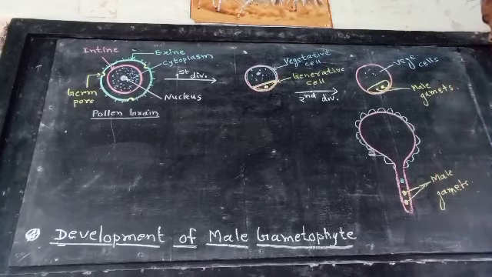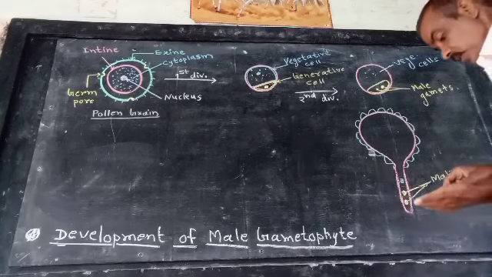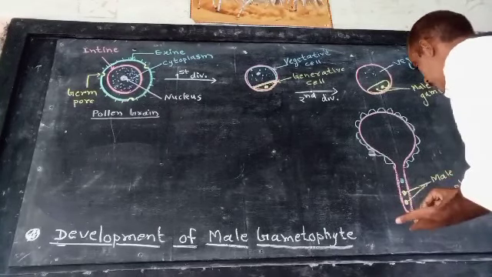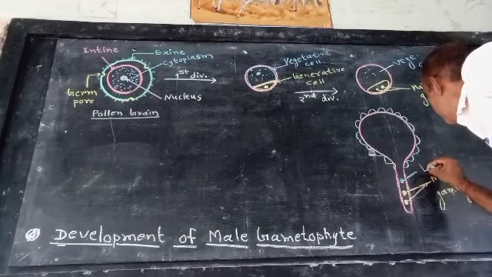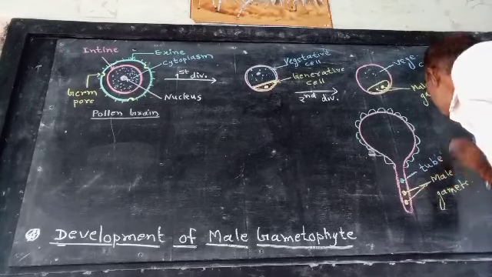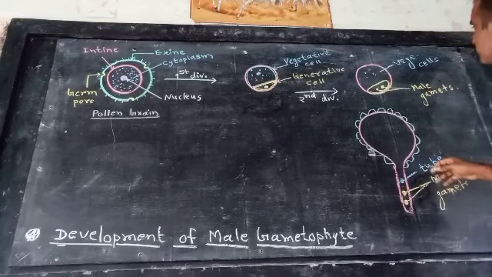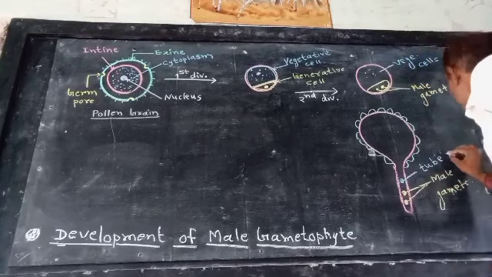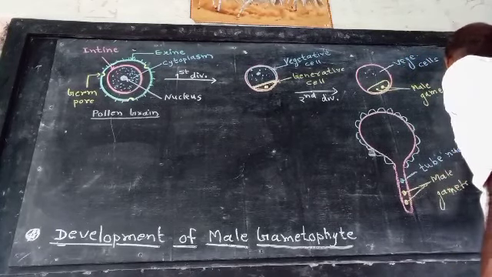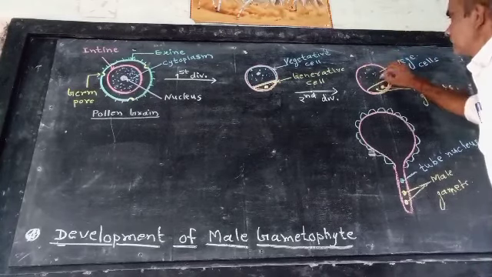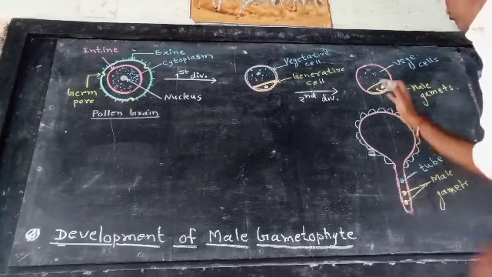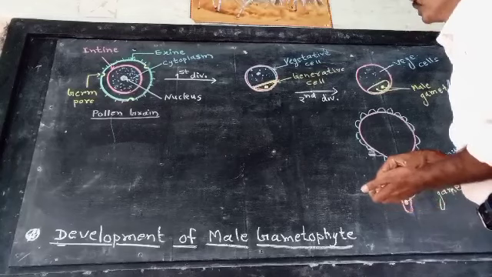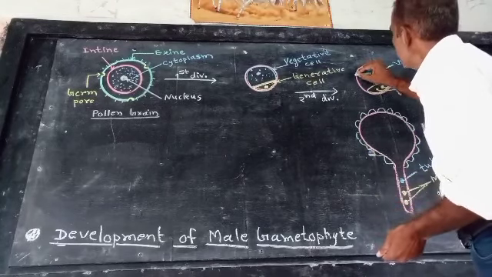Pollen grain having pollen tube containing two male gametes and one tube nucleus. That tube nucleus is formed from the vegetative cell. And that is the development of male gametophyte. How it is developed, we again discuss in detail.